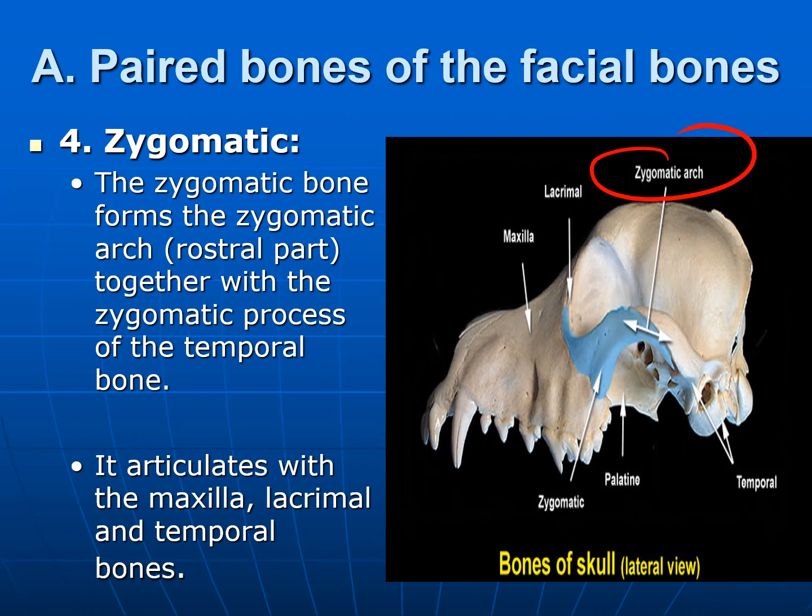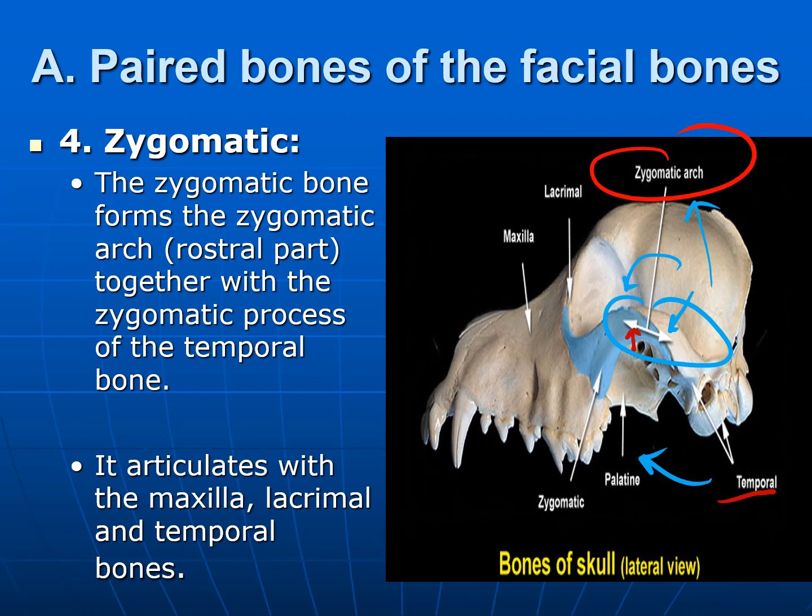This area here we call the temporal process of the zygomatic bone, whereas this one here we call the zygomatic process of the temporal bone. Together they form the zygomatic arch.